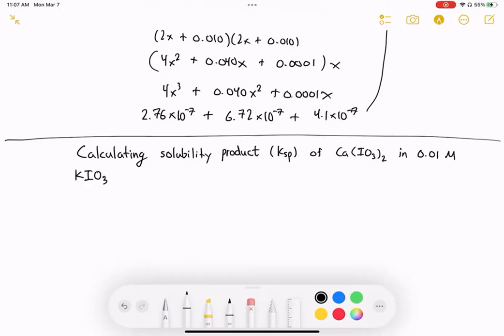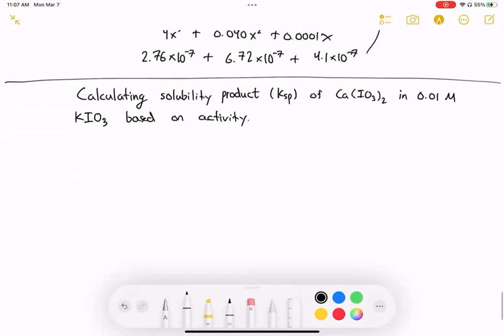KIO3 based on activity. So now we're doing it based on activity again. Okay. So these calculations will differ slightly from the previous section because now we have more KIO3 concentration. So in this case, now we have to consider K plus.